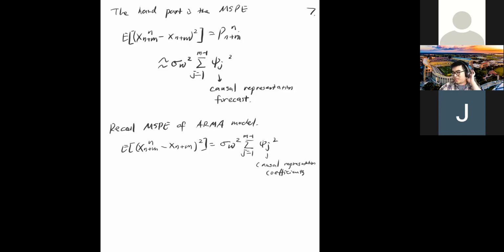So you can see that the mean square prediction error of the ARIMA model and that of the ARMA model are pretty much the same, at least from notation. But they actually have a very huge difference.